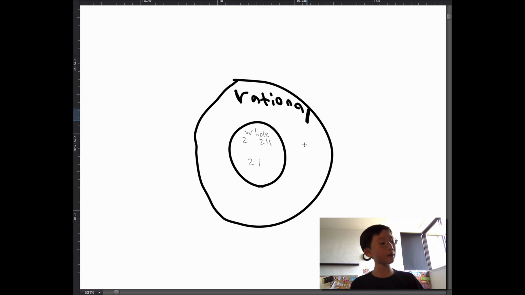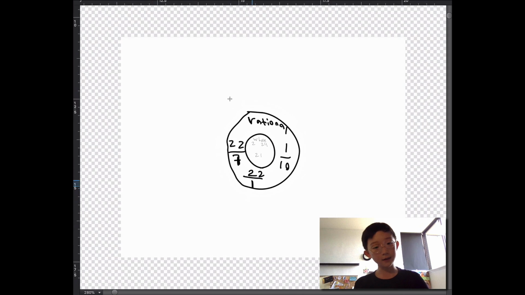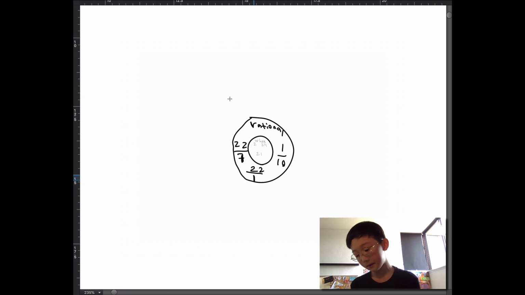The rational numbers are, for example, like 1 over 10 and 22 over 7, or 22 over 1, or stuff like that. So those are the rational numbers. Let's zoom out to the next.